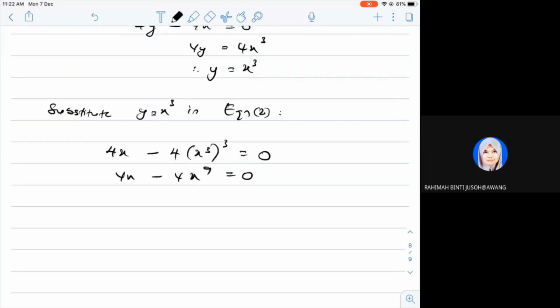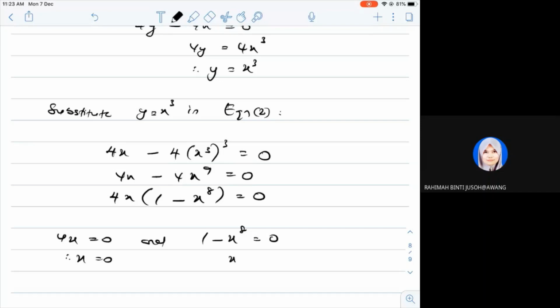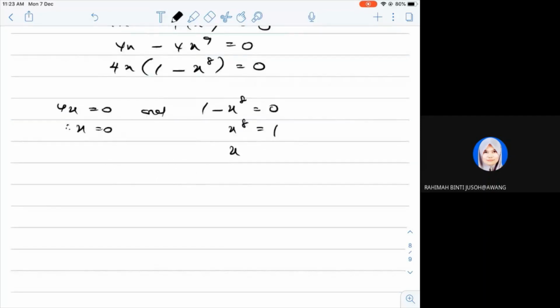So what happened? We can factor this out. We can factor 4x. We have 1 minus x to the power of 8 equals to 0. So of course from here we have 4x equals to 0, therefore x equals to 0, and we also have 1 minus x to the power of 8 equals to 0, so x to the power of 8 equals to 1. Okay guys, if you use your calculator, x equals to 1, isn't it?